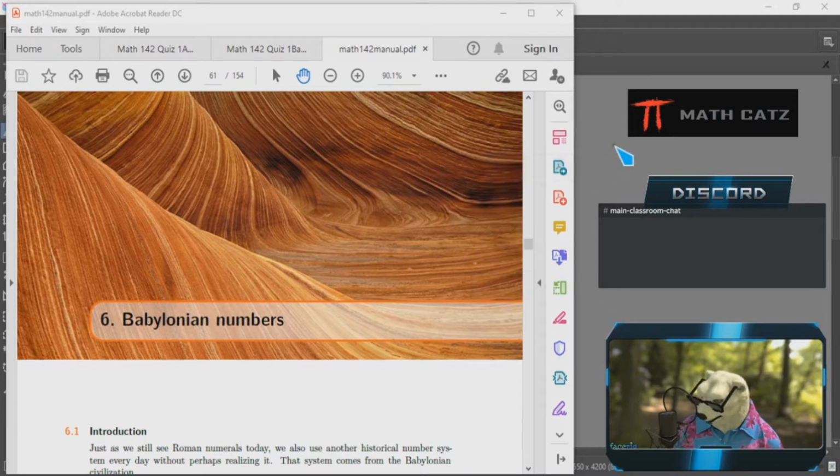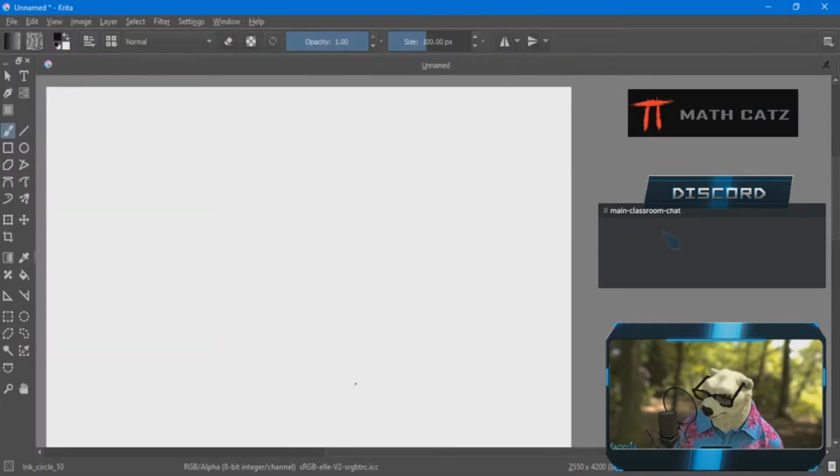We will see that we still have a connection to the Babylonian numbers today. I claim that this very day you have, in some small way, used Babylonian numbers.